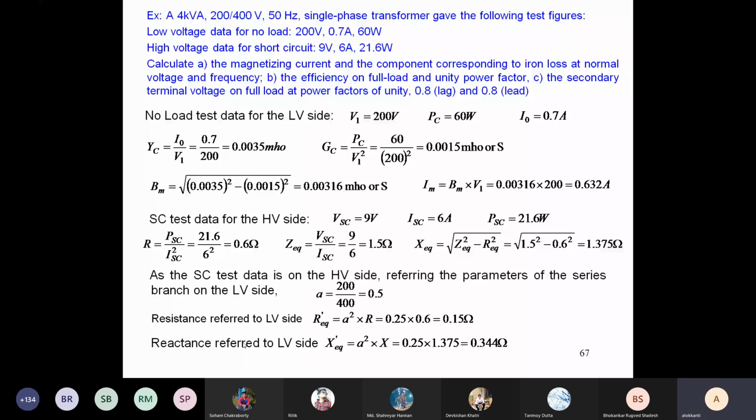Okay, so once we have this, you can now complete the equivalent circuit of the transformer. All of you draw the equivalent circuit of the transformer. What will be on the left hand side? 200 volts, the low voltage, because we are drawing with respect to the low voltage side. So this is basically the equivalent circuit of the transformer.